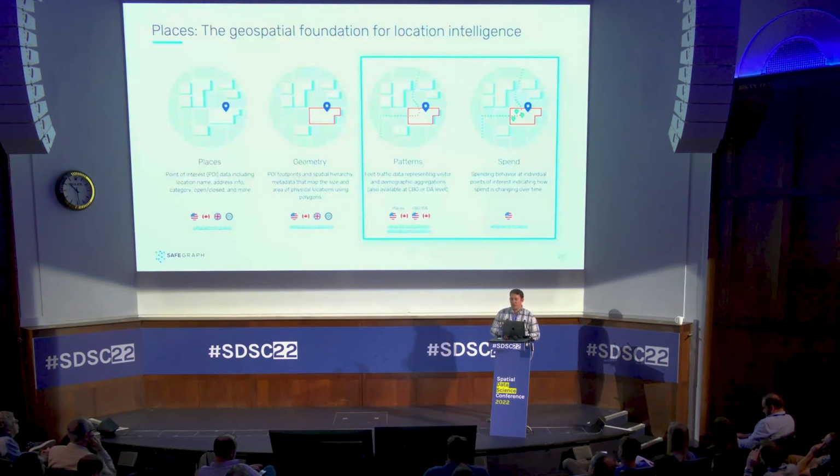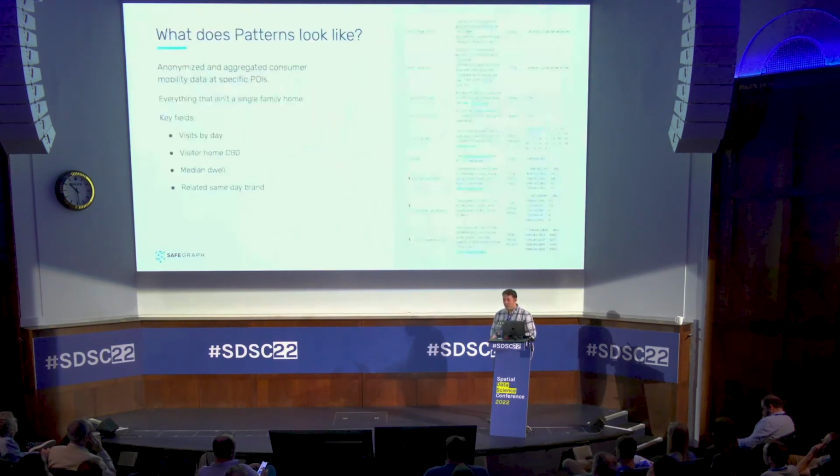First being where are folks coming from, and second being store spending at nearby stores. And that's similar to how we think about enriching this type of data as well. We call them patterns and spend. Patterns being aggregated foot traffic data to points of interest, and spend being aggregated consumer spending at points of interest as well.